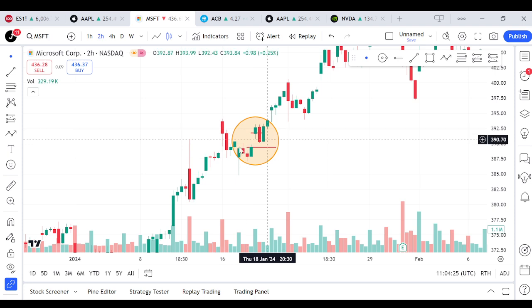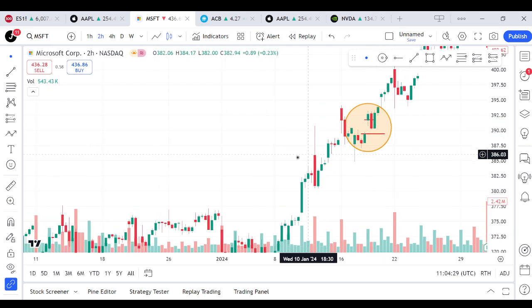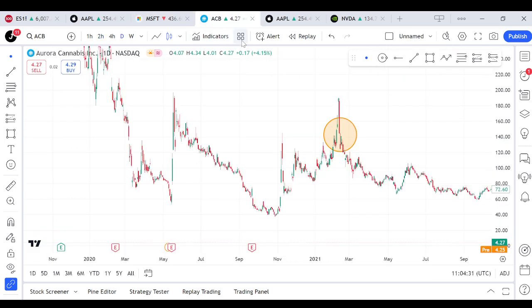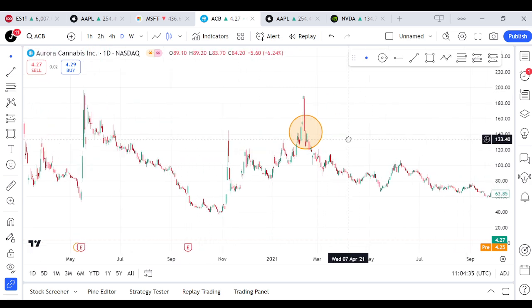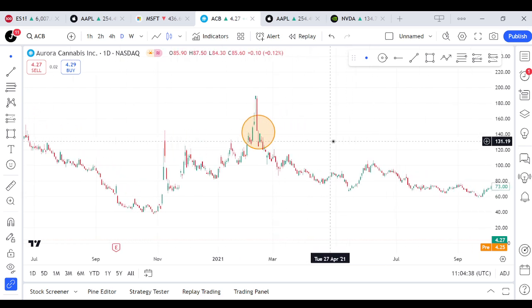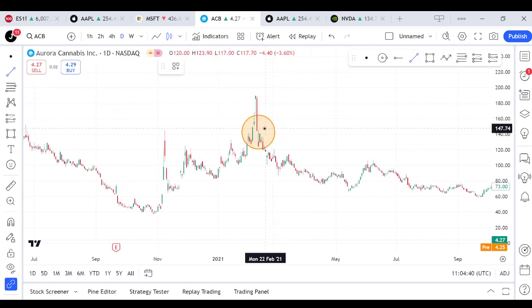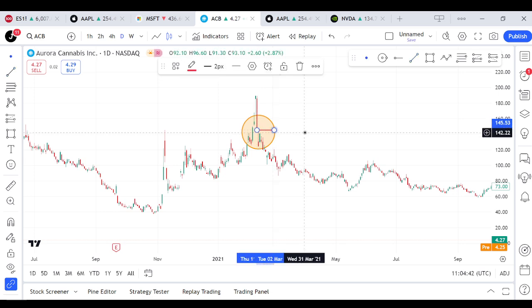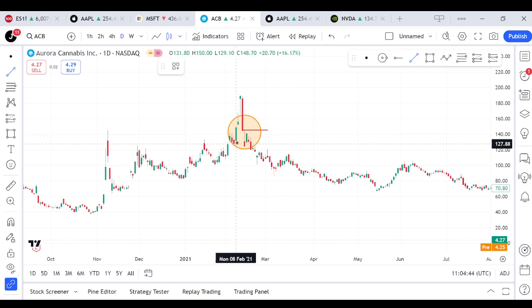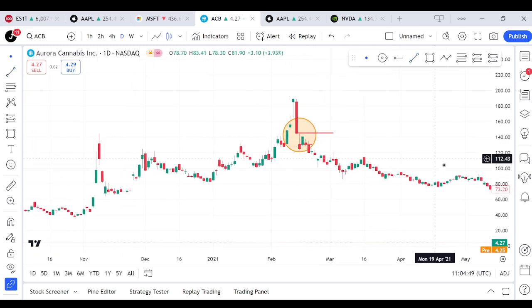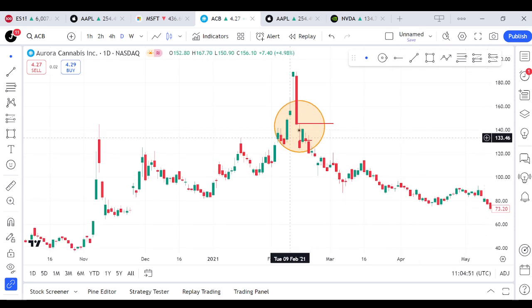So this is for the upside Tasuki Gap pattern, and let's look for the bearish Tasuki Gap pattern. And this is the bearish Tasuki Gap pattern. We have the first candle, which is this bearish candle, and we have the second candle forming the gap between the first and the second. Then we have the retracement candle, which is that bullish candle you can see, and it closes the gap partially but not completely.